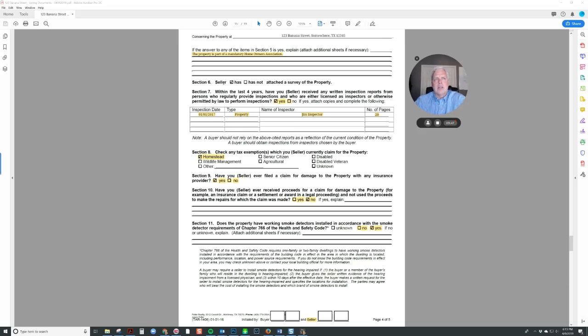Section 6 is asking whether or not a survey has been attached. So if you have an existing survey, you can actually attach that on here to be seen. Section 7 is talking about whether you've had any property inspections or other.